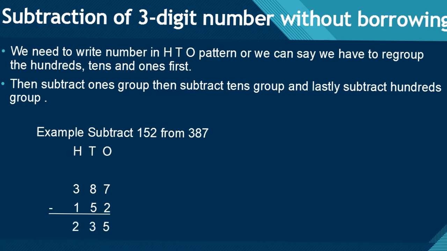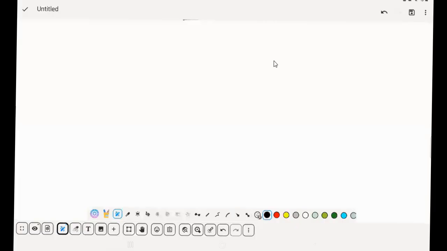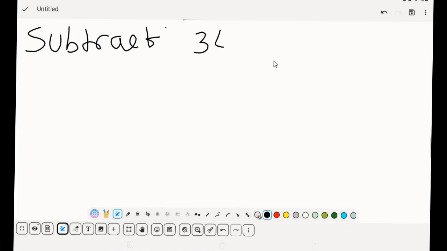I hope there is a clear understanding. Let's quickly see one more example. Let's say we have to subtract 341 from 673.